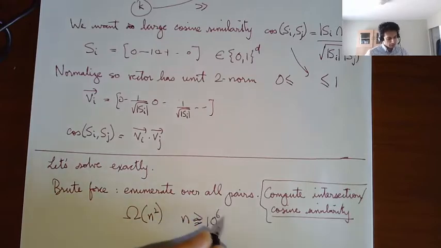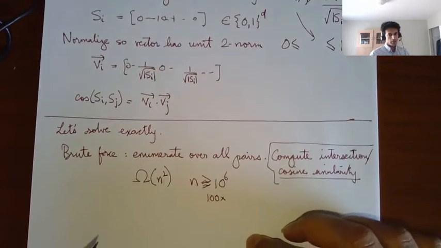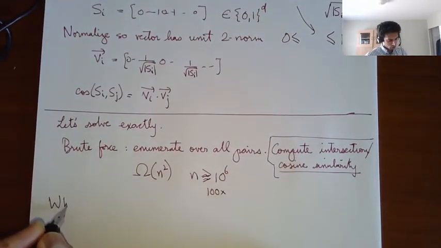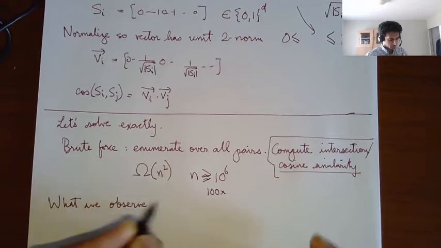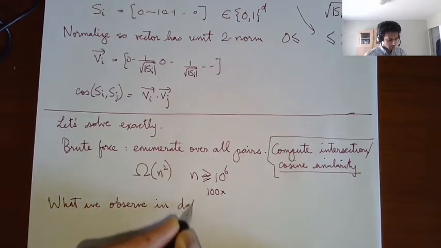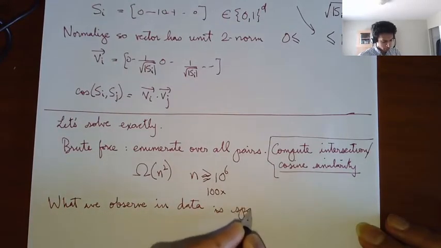And if instead of 1,000,000 you made it 10 or 100 times that, then obviously this is completely infeasible. So often what we observe in data of this form is what I'll call sparsity.